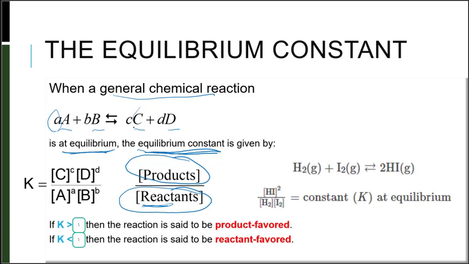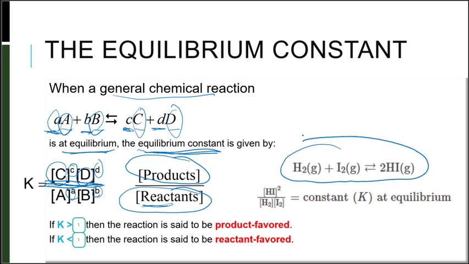In this case, these are my products, so I say the concentration of C times the concentration of D, and those coefficients in front of C and D are my exponents. Those are the products over the concentration of A times the concentration of B, and if there are any coefficients in front of them, then those are the exponents there.